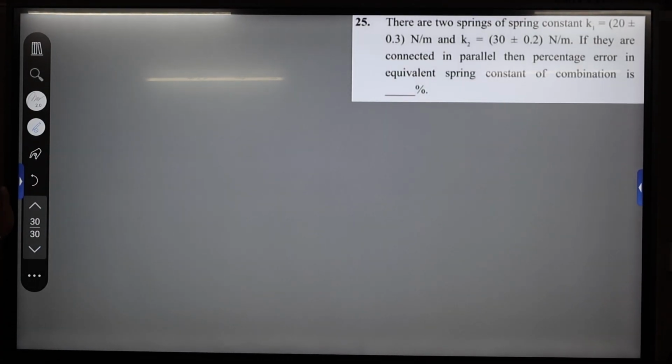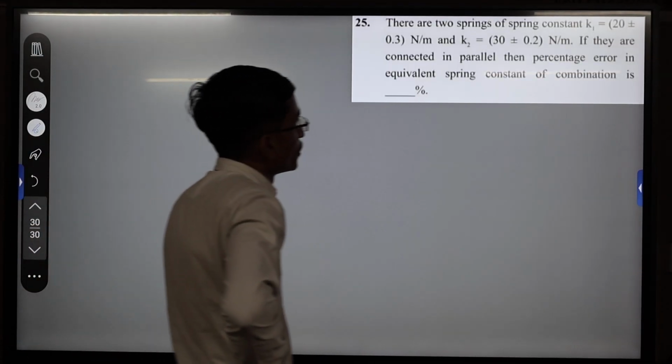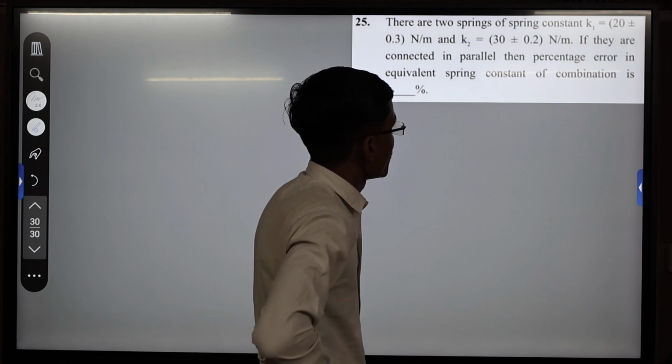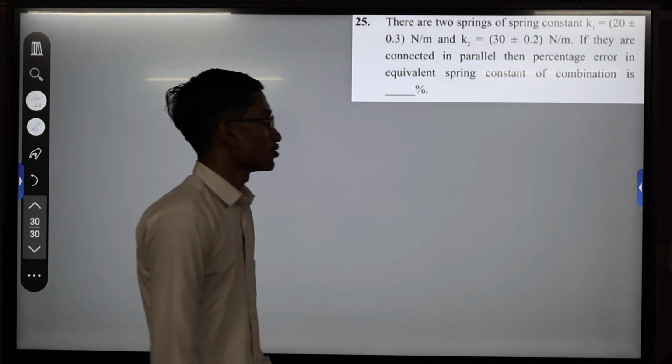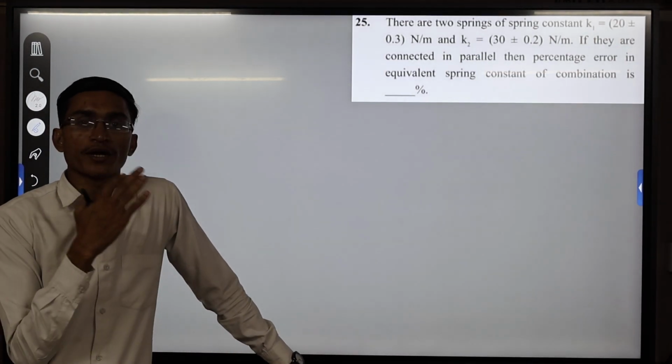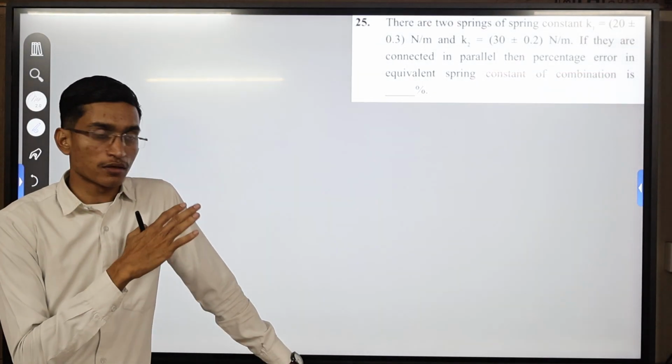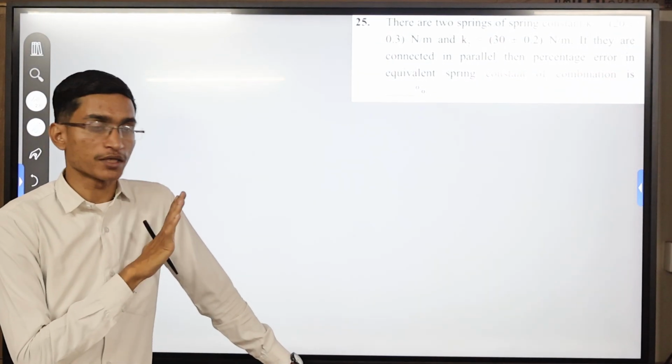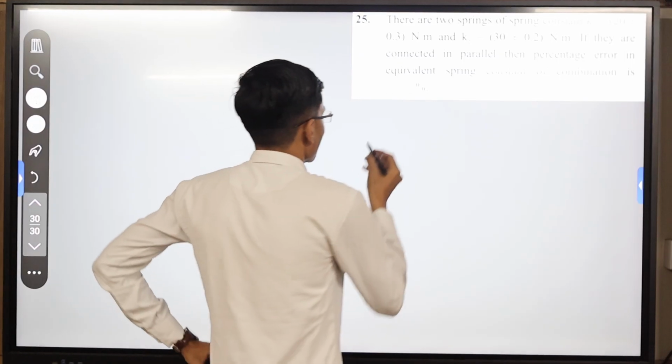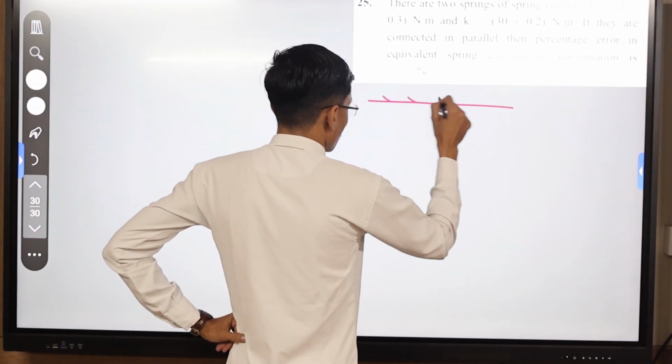Okay. So the last question. There are two springs of spring constants K1 and K2. If they are connected in parallel, we have to find the percentage error in the equivalent spring constant of the combination.